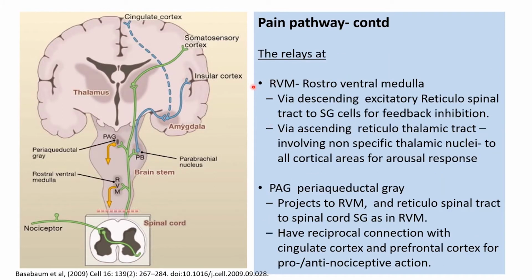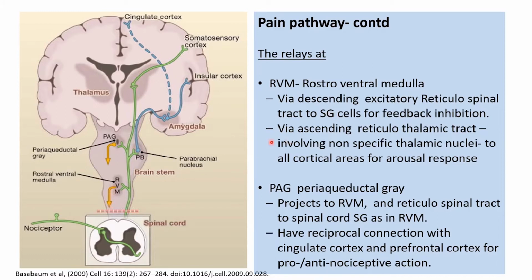Collaterals given in the rostroventral medulla on the way of the lateral spinothalamic tract give feedback inhibitory signals to the substantia gelatinosa cells to inhibit the pain transmission. This is one component.